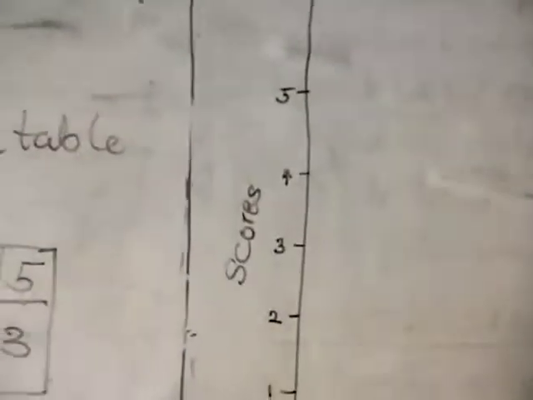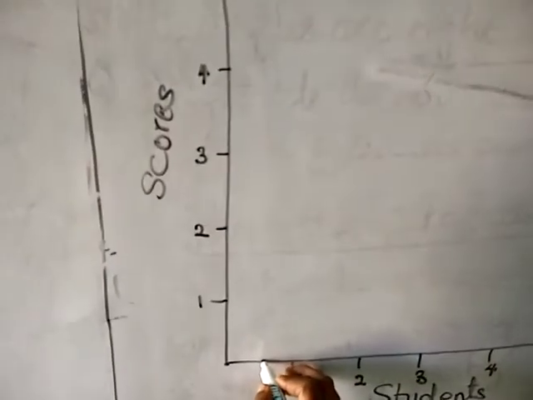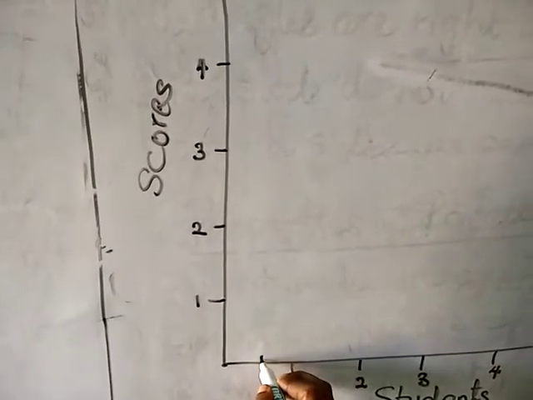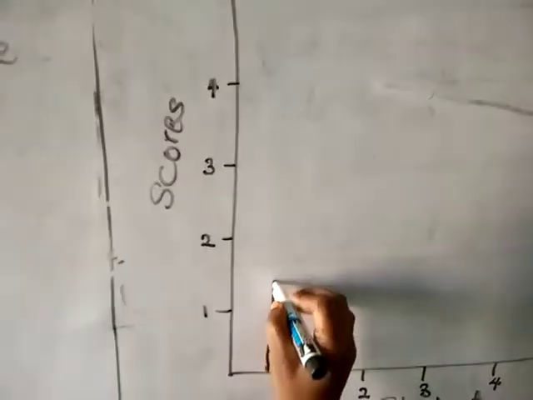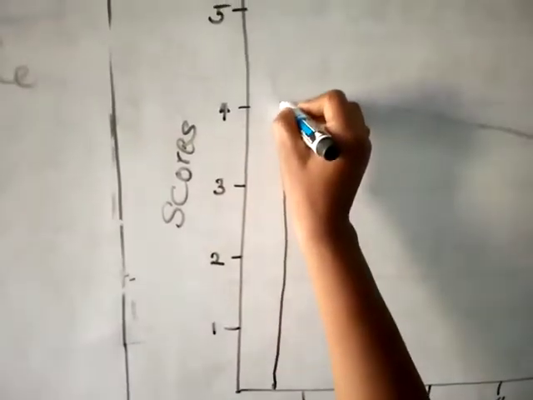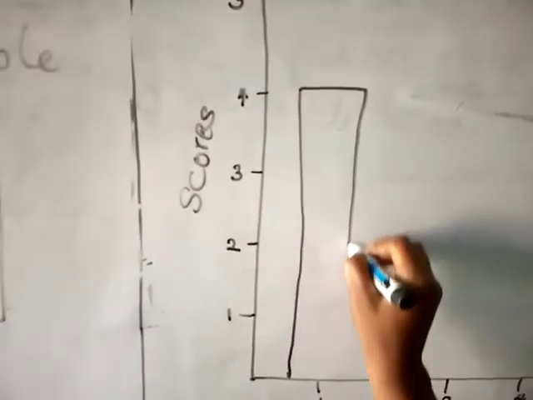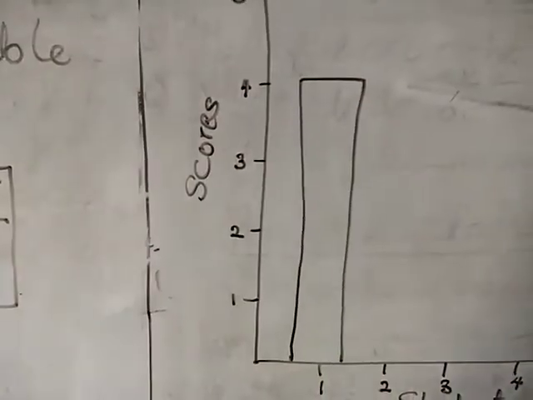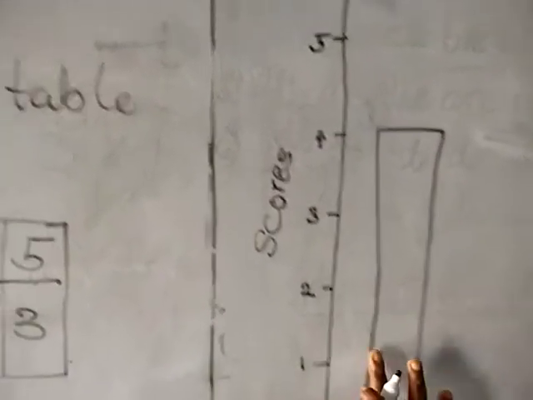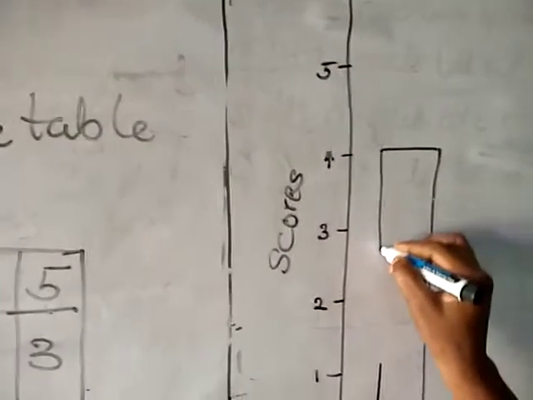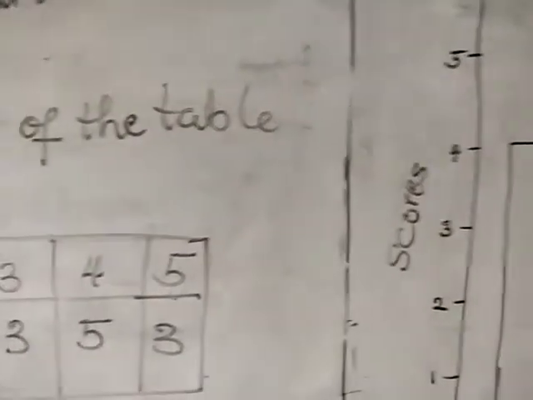So for us today, you now draw a straight line with your ruler. You must stop at 4. Then a straight block, just like this. With your ruler, it must be straight.